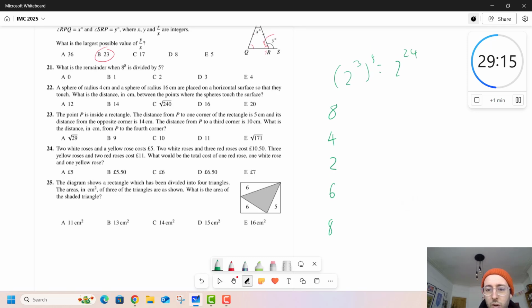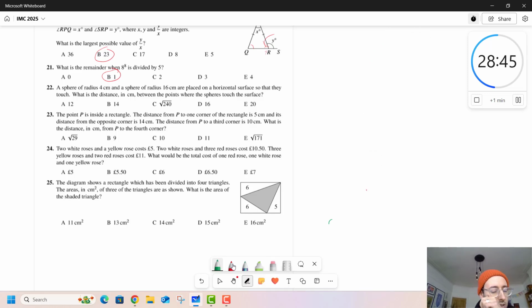So 8 to the power of 1 ends in an 8, 8 to the power of 2 ends in a 4, 8 to the power of 3 ends in a 2, 8 to the power of 4 ends in a 6, so 8 to the power of 8 will end in a 6. When I divide it by 5, the remainder is 1. Cool.